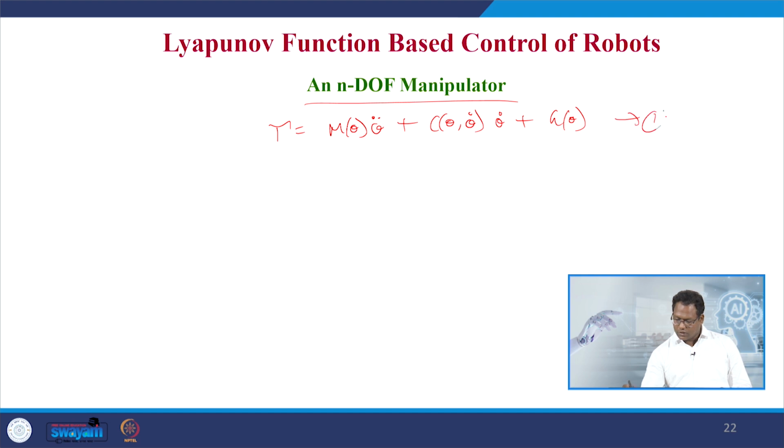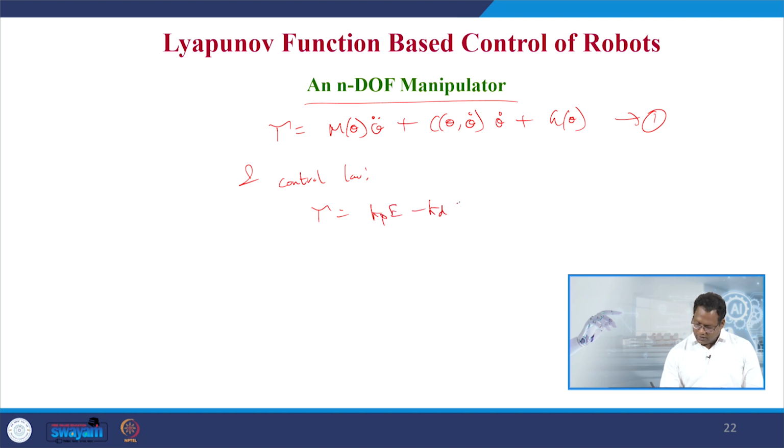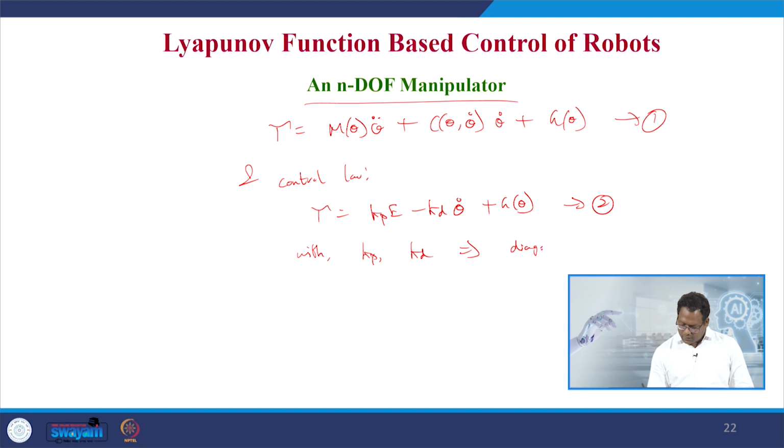This is equation 1, which represents the dynamic model of an n degrees of freedom robot manipulator, and take a control law tau equal to Kp e minus Kd theta dot plus g of theta, equation 2, with Kp and Kd being diagonal matrices.